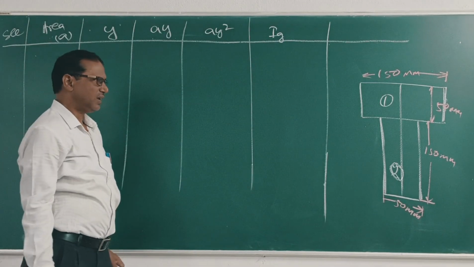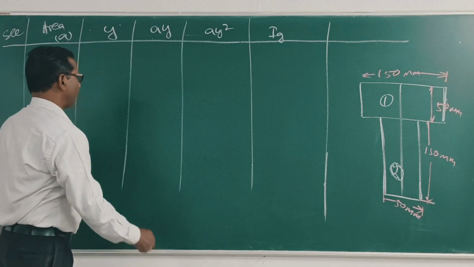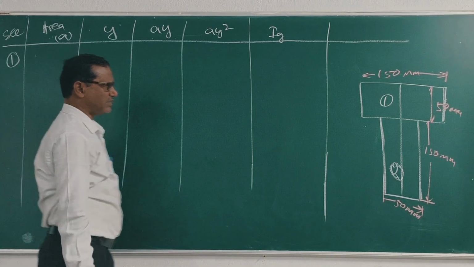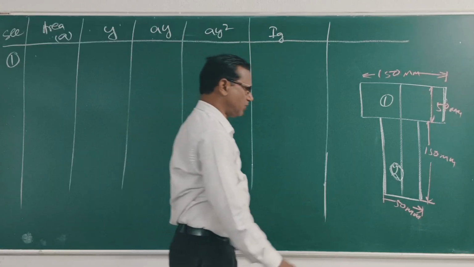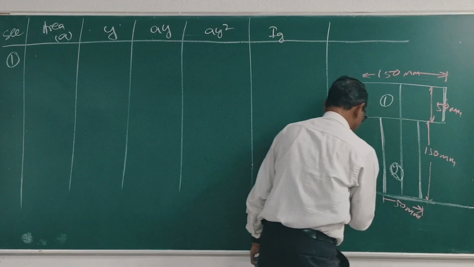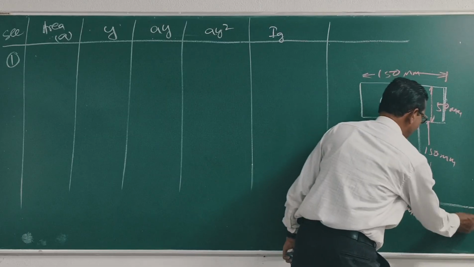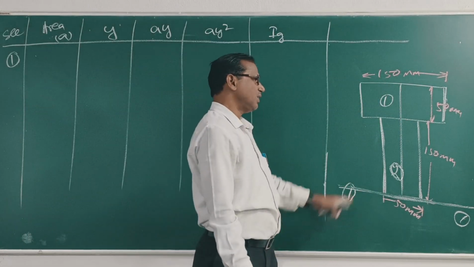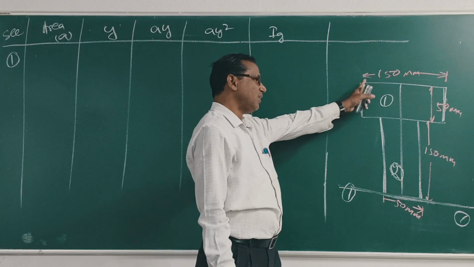Clear? Now, section 1. For section 1, what is the area of section 1? Suppose this is 1. Find all the values about different axes. Clear? For section 1, what is the area?